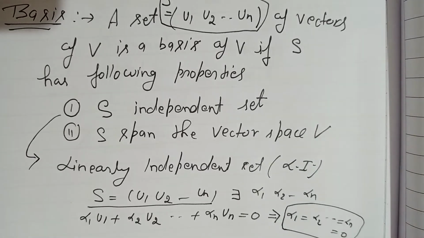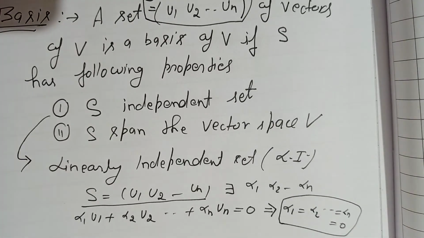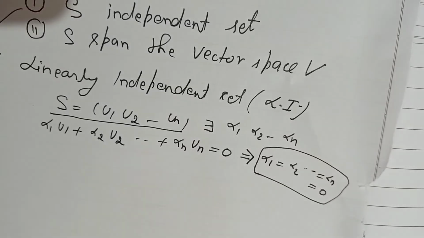If all the alpha is 0, we say this is the linearly independent set. If at least one alpha is non-zero, then we say linearly dependent set. If at least one alpha is non-zero, that particular vector can be written as a linear combination of the others. I'll give an example.